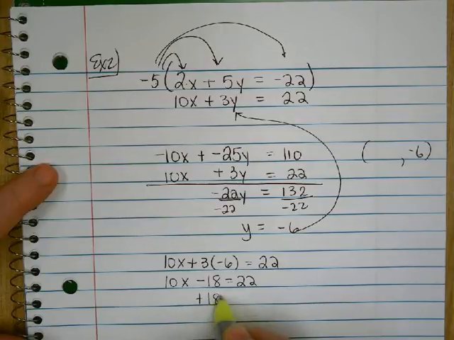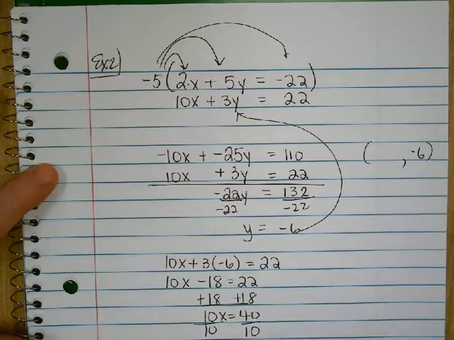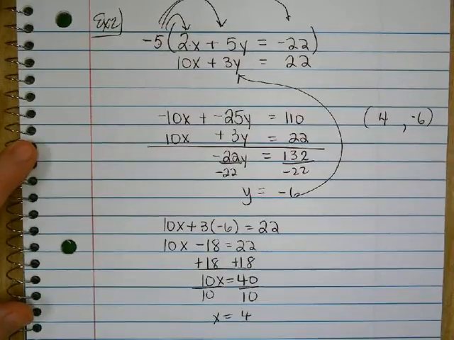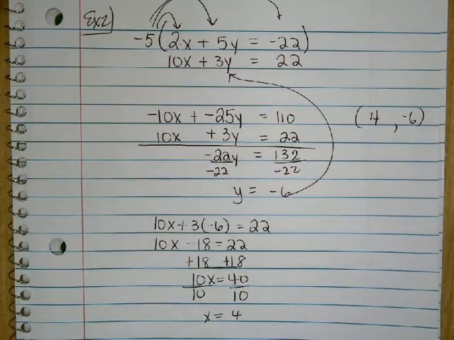Add 18. 10x is 40. Divided by 10. And x is 4. We good? Any questions on that one? Next example.